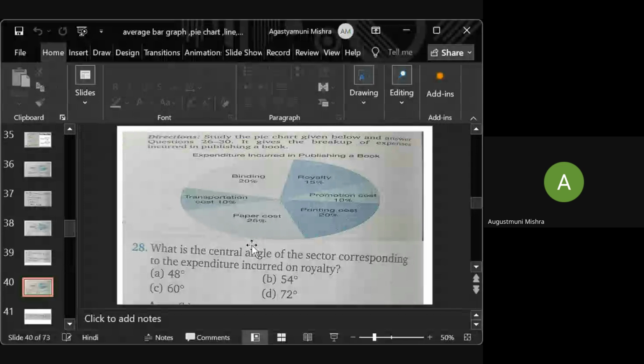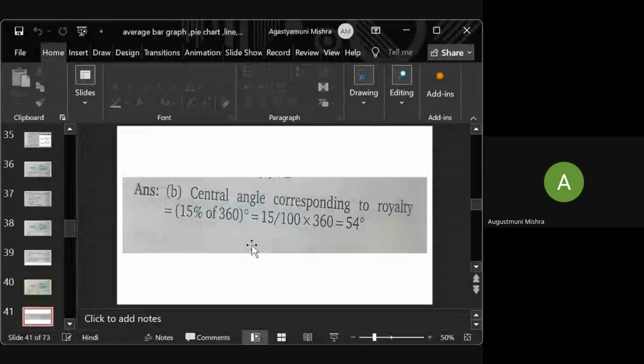Okay, I'm going to change this. So the correct answer is 54 degrees. I think that is a part of B only. Most of you who have given answers in the chat box, 100% that is correct.